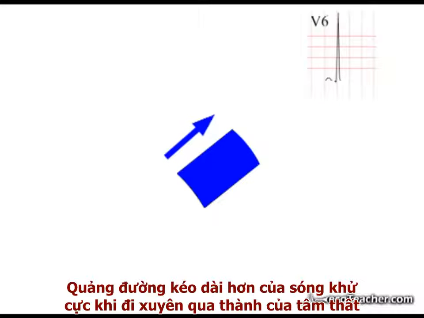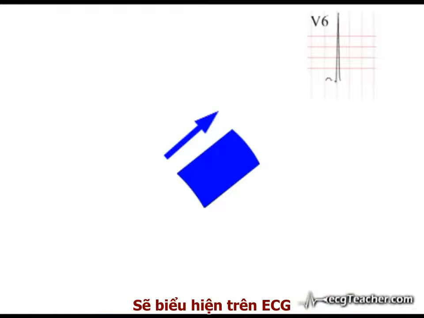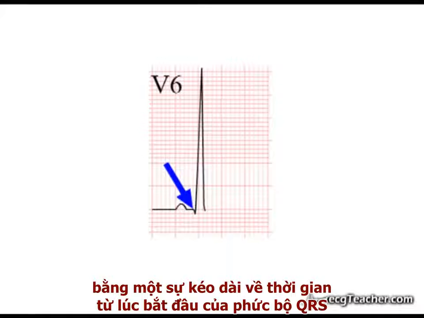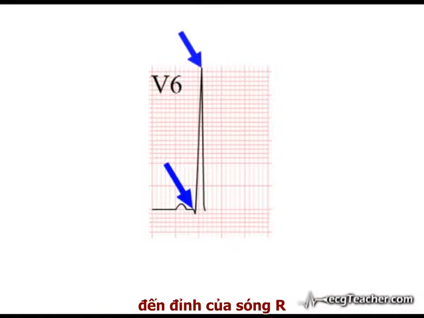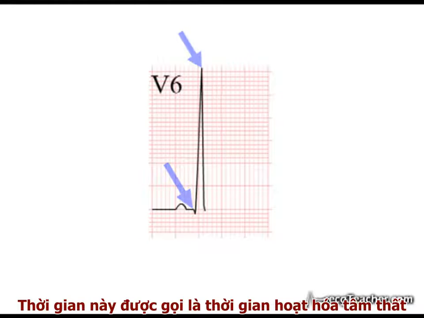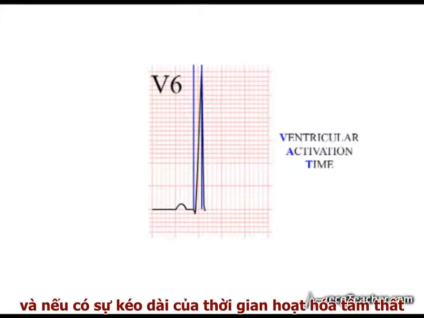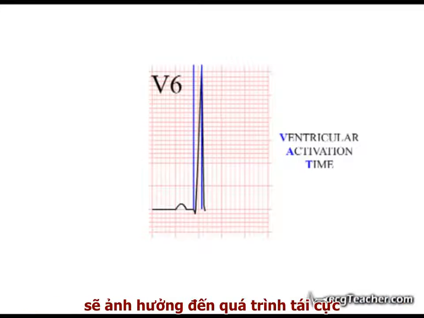Prolonged transit of the wave across the ventricular wall will manifest on the ECG readout as an increase in the time from the onset of the QRS complex to the peak of the R wave. This period is known as the ventricular activation time, and prolongation of the ventricular activation time impacts on repolarization.